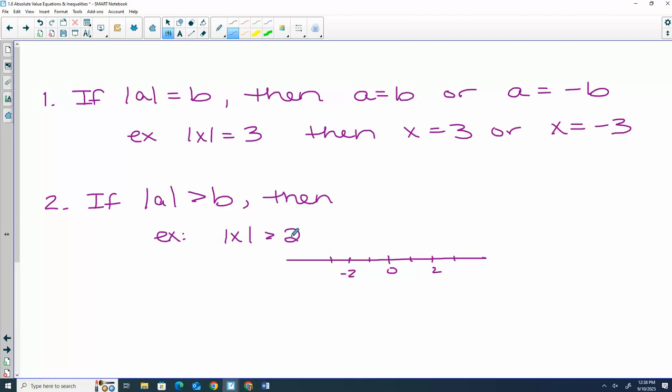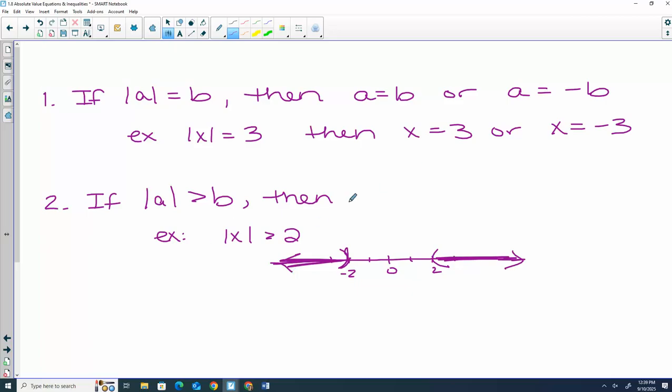It says that x has to be more than 2 away from 0. Absolute value is how far you are from 0. So if I'm at 2, that's exactly 2 away. If I want to be more than that, I would have to be over here or over here. Right? Those would be the situations where it would be further than 2 away from 0.